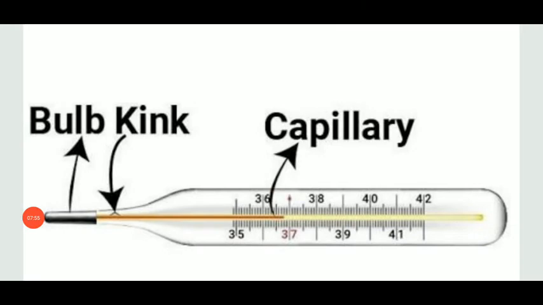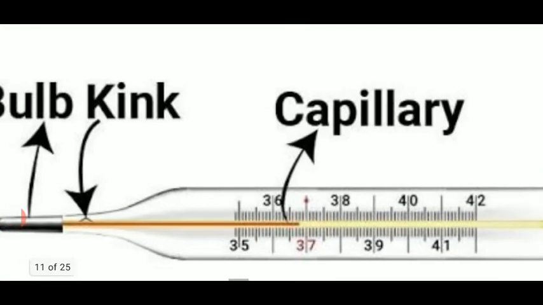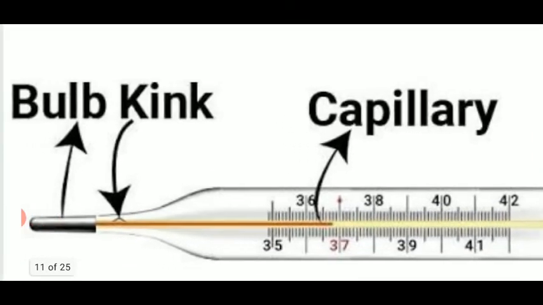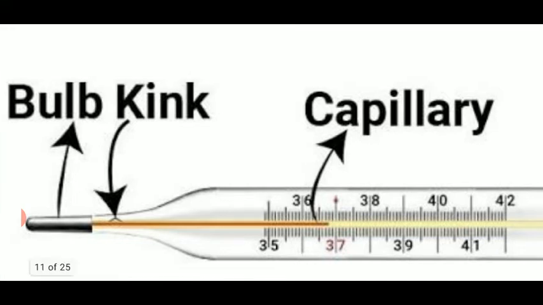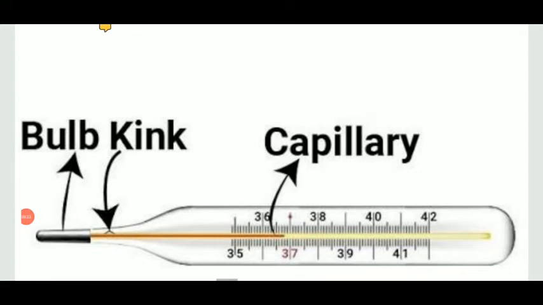And one important feature of clinical thermometer is that it has a kink or constriction in the glass tube just above the bulb containing mercury. Now, why is there a kink in the clinical thermometer? Let's now study the function of the kink. The kink prevents the mercury level in the thermometer from falling on its own.